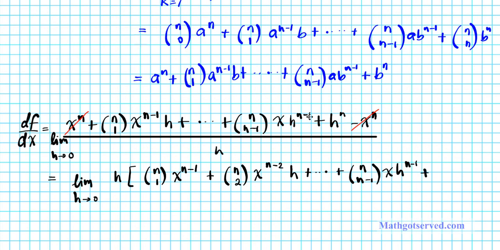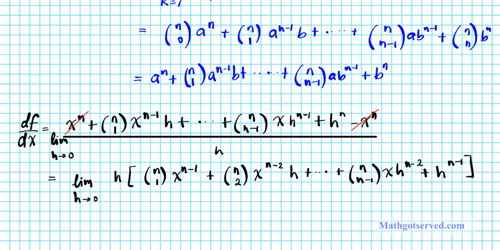Now we factored out h from this term right here, so instead of n-1, if we factor out h, we're going to be left with a power that's decreased by 1, so it's n-2, and then this is going to be, instead of h^n, h^(n-1). Alright, so there you have it.